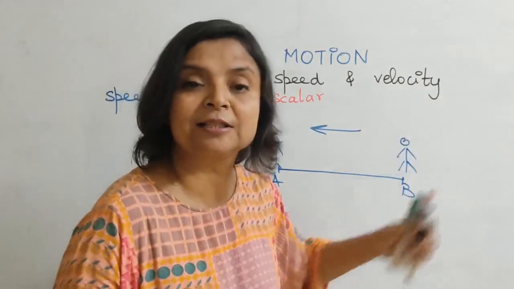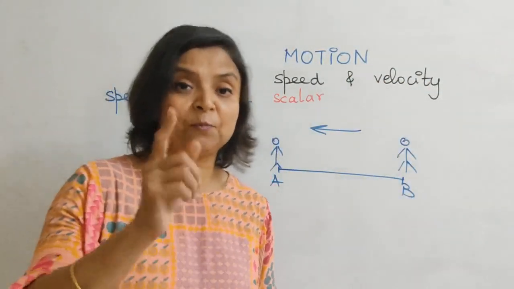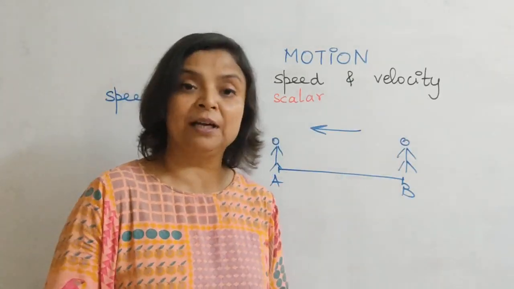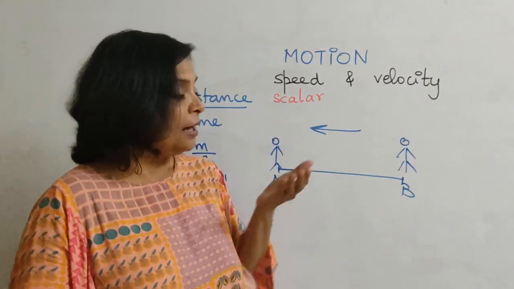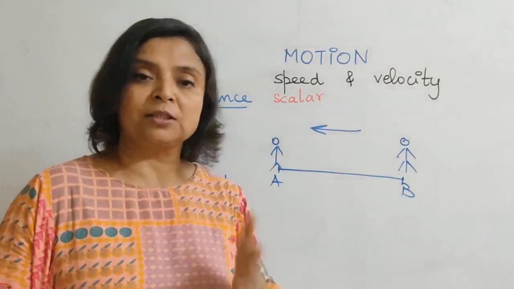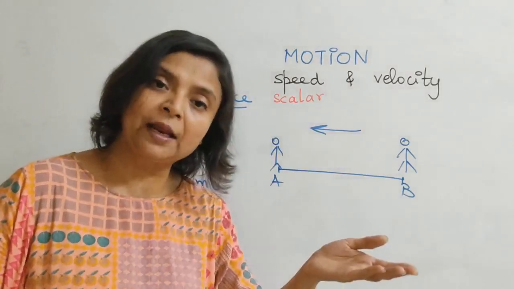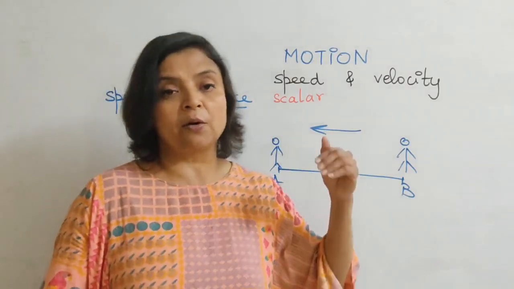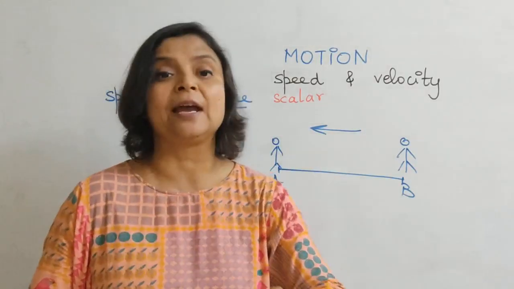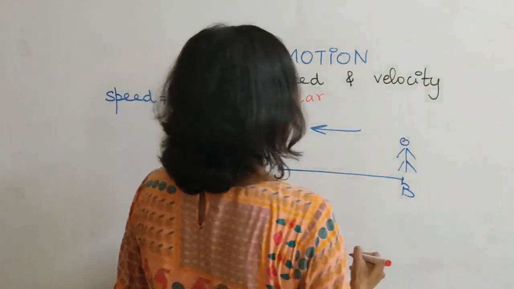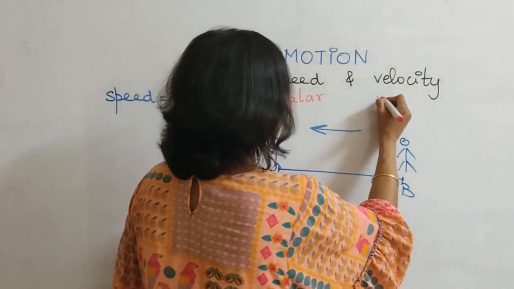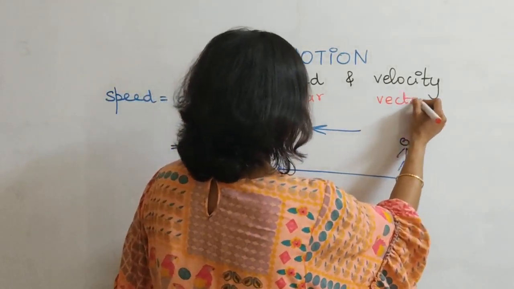So what is velocity? Velocity is speed, but we keep the direction in mind. We will definitely care for what direction the wind is blowing, what direction the river is flowing when you try to swim across it. Because the direction is in the picture, we will call it a vector.